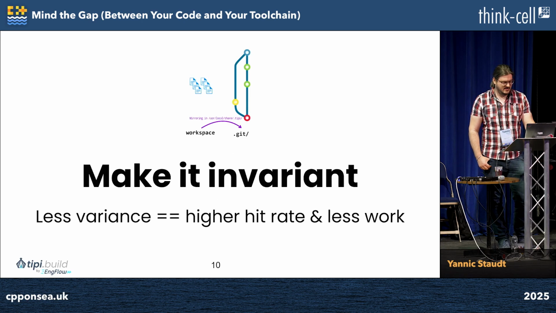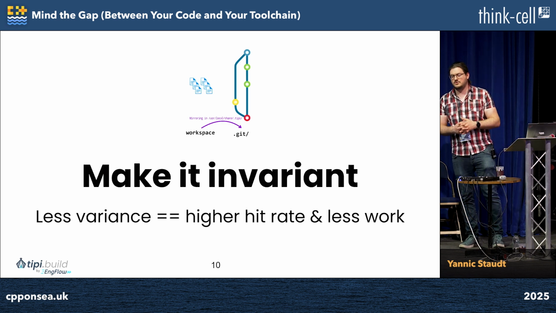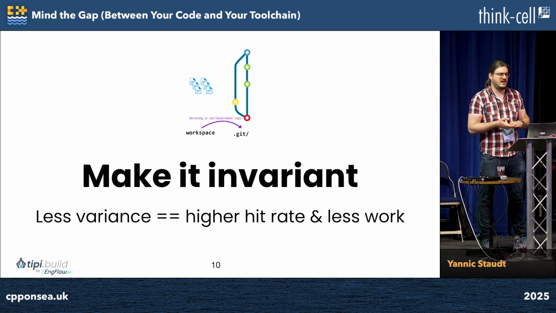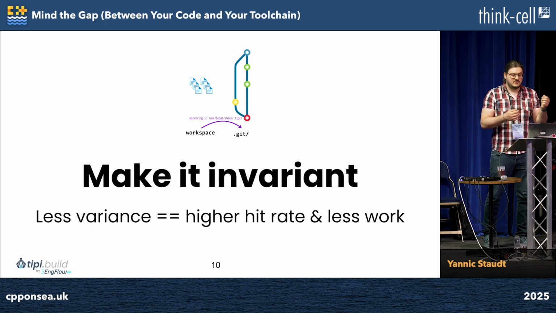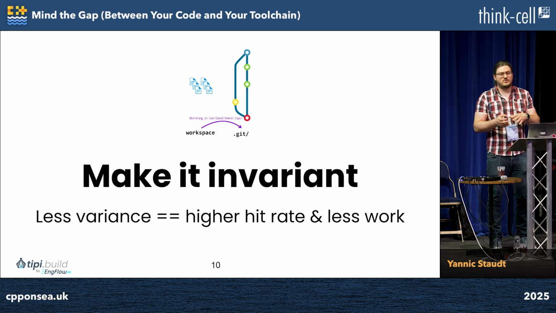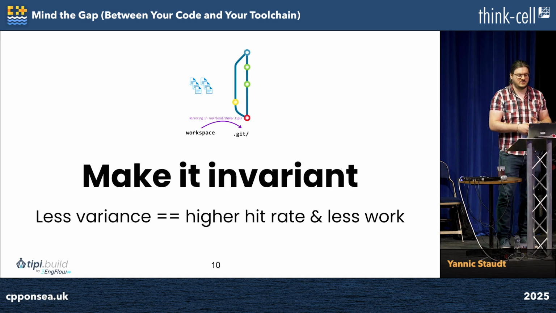The first step we do is to cut out all sources of variance that we can in the build. And the first step of it is that we create a clean, reproducible starting point for your build by mirroring your sources into a deterministic invariant location.